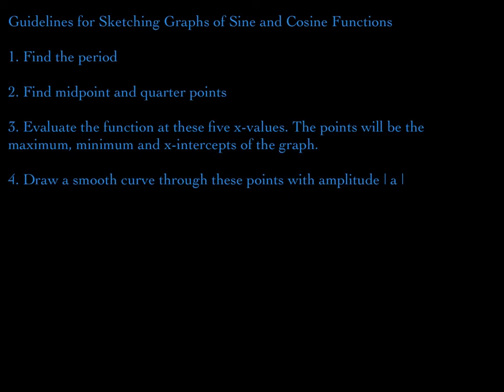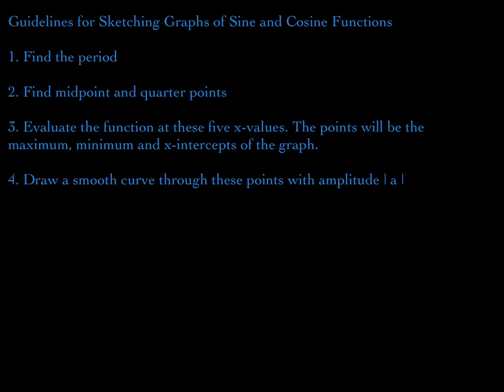Okay, we're going to look at some examples now back to back, but I wanted to give you some steps or some guidelines to consider. The first thing we're going to do for each of these is find the period. Once we find the period, we'll have an interval that we're going to split into 4 equal parts. We do that in order to find the midpoint and quarter points. Once we have our midpoint and quarter points and our left and right endpoints, those are 5 points, by the way.